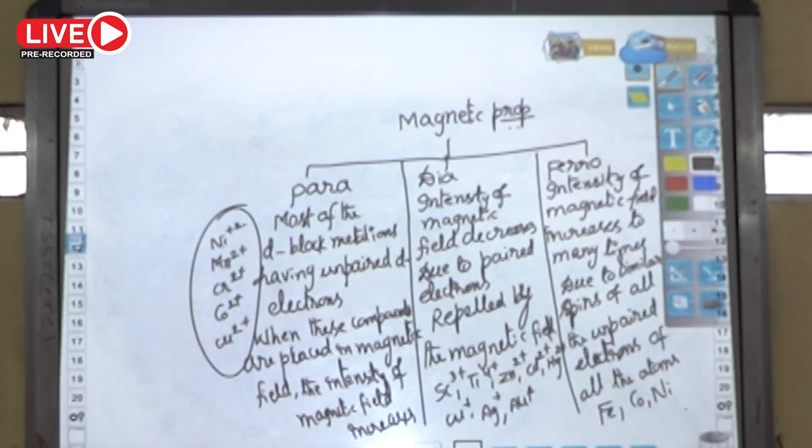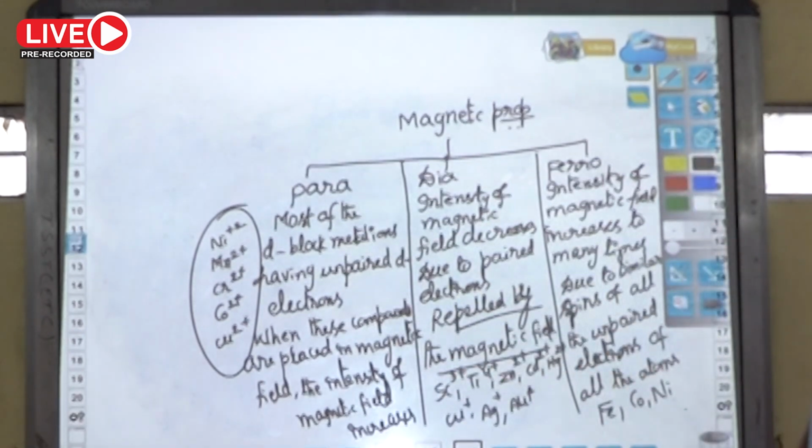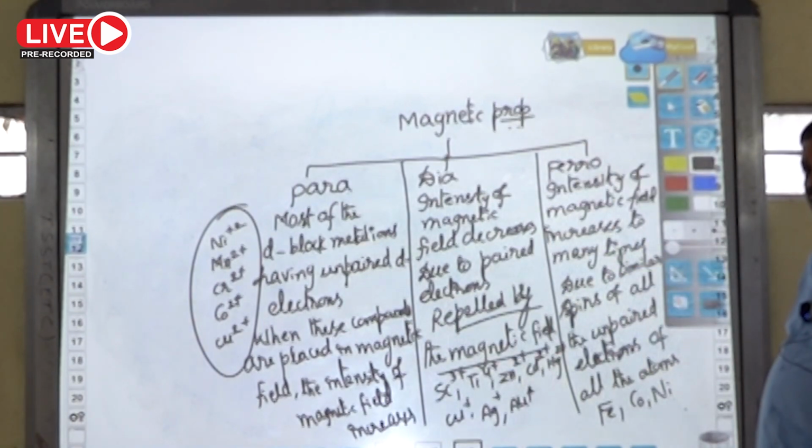You know, paramagnetic substances are weakly attracted towards a magnetic field, and diamagnetic substances are repelled by the magnetic field. Ferromagnetic substances are strongly attracted towards a magnetic field.